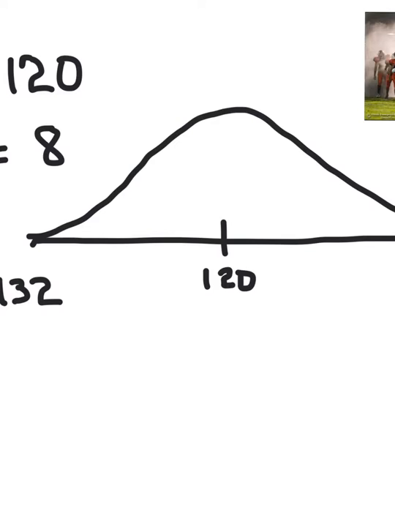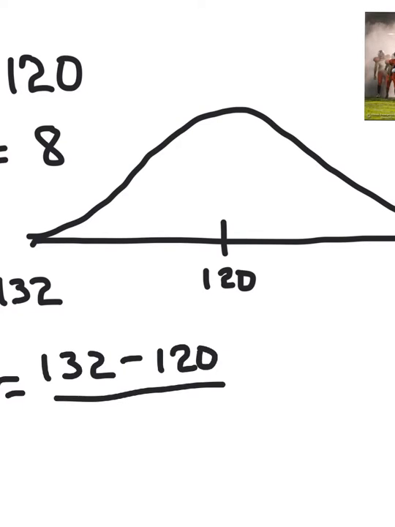But let's see the exact percentile. What do we do with that? The z-score is 132 minus the mean, which is 120, divided by the standard deviation, which is 8. That gives us a z-score of 1.5.